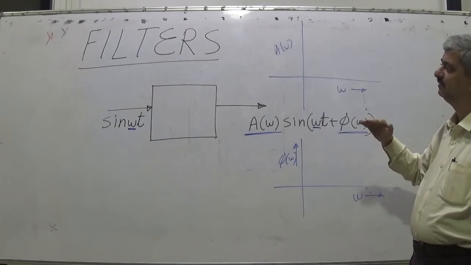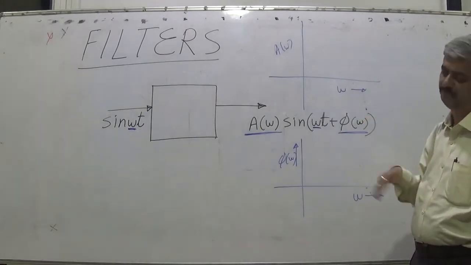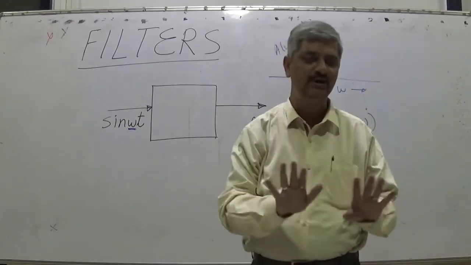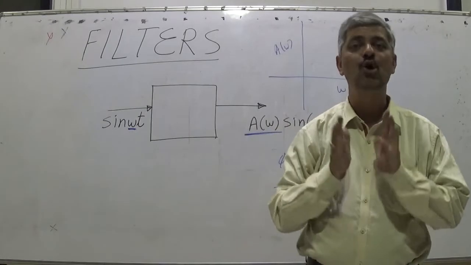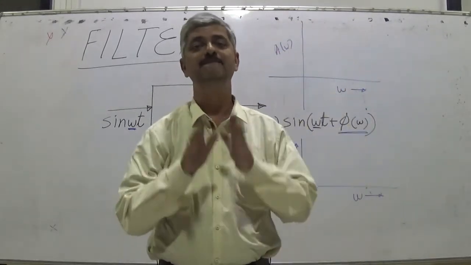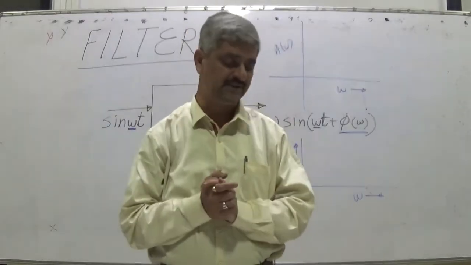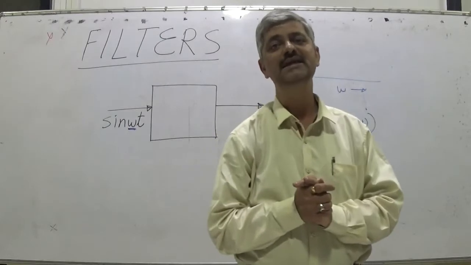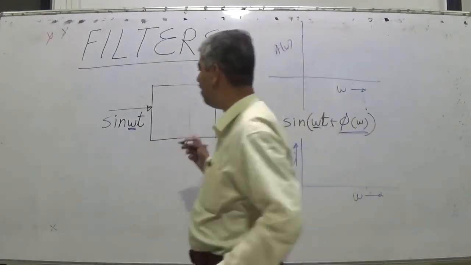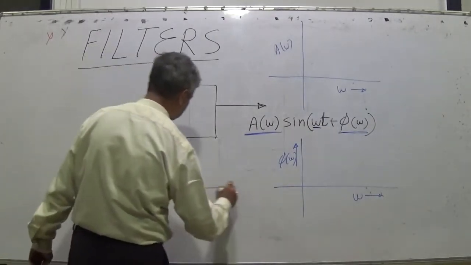Then, depending upon the type of filter, there are 4 types of filters: low pass filters, high pass filters, band pass filters, and band stop filters. What is expected out of an ideal low pass filter, which we can never construct?